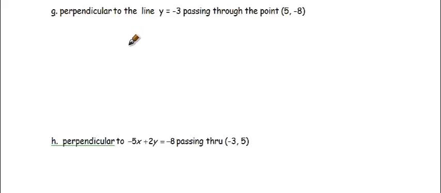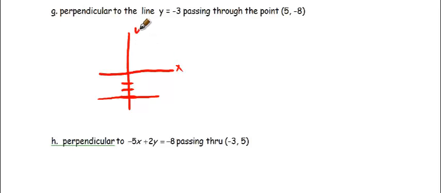So a perpendicular line to y equals negative 3 passing through this point. So the first thing I would do is I would draw the line y equals negative 3, and that's down here, right? This is the x-axis and the y-axis. Sometimes when you draw this, it's hard to tell which one of these two is the x-axis. And we want to go through the point 5, negative 8. 2, 3, 4, 5, down 4, 5, 6, 7, 8.